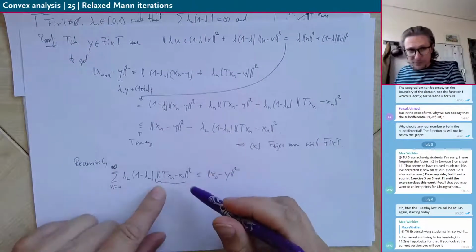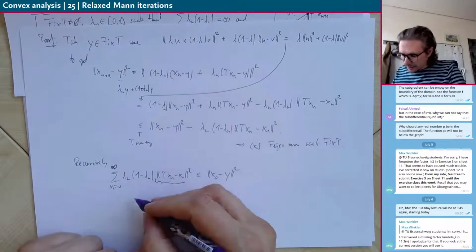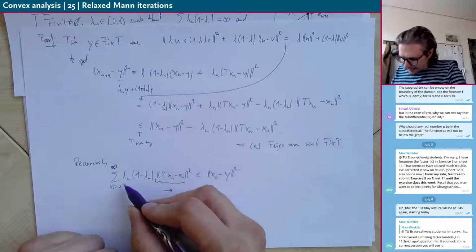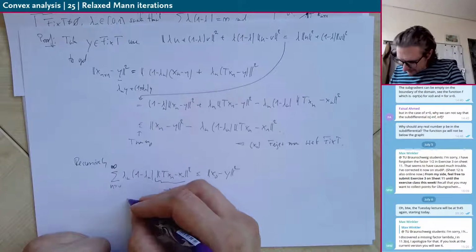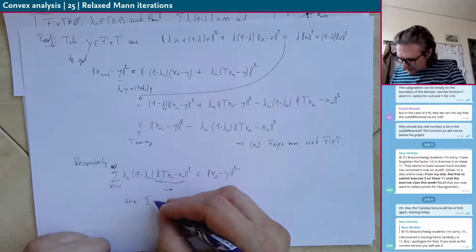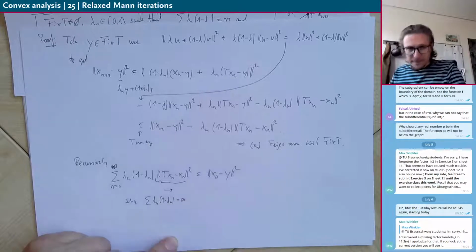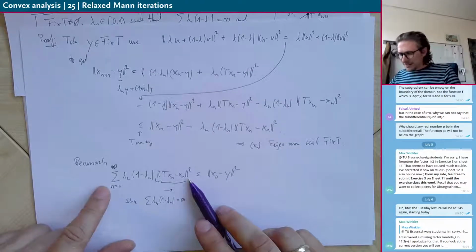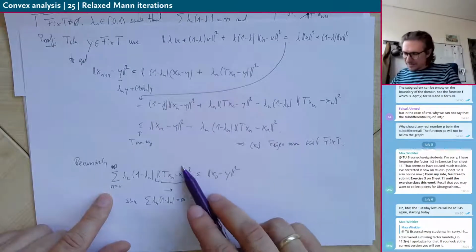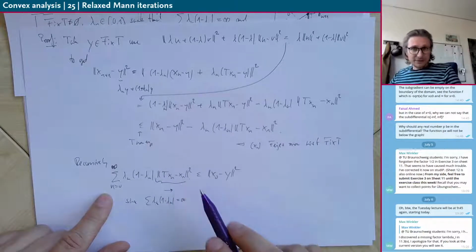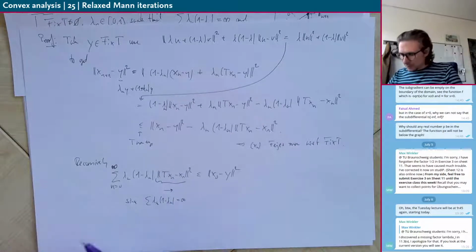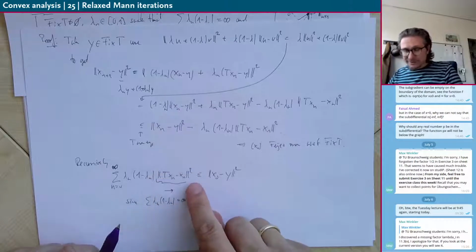We would like to know something about this, but we know that the series over lambda n times 1 minus lambda n diverges. But now we see that if we multiply it with these numbers, then it's going to converge. Without these numbers it's diverging, with these numbers it's converging.